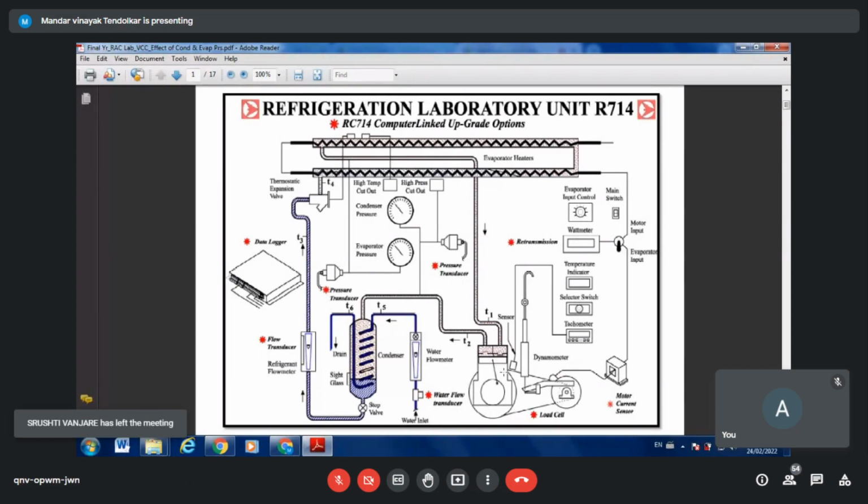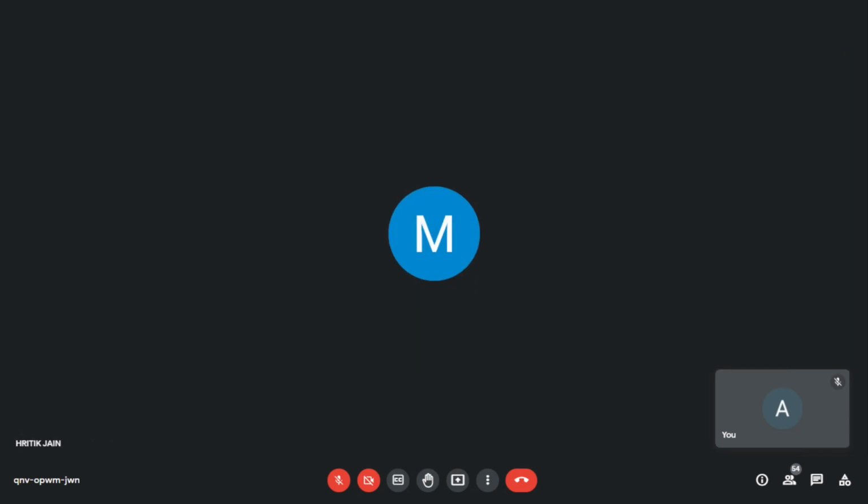Because, sir, wait a minute, I'll draw and show you something, sir. ठीक है. Should I stop sharing the screen? I think you are now familiar with the diagram. This diagram is more than enough for you to recollect. Yes, sir.